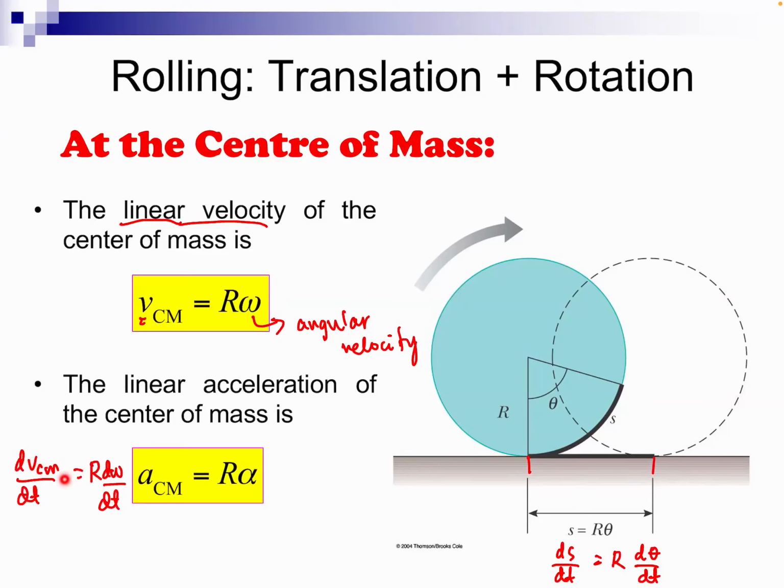We know from definition that change in velocity with respect to time is acceleration. And on the right-hand side, we're getting the change in angular velocity over time, which is the definition for angular acceleration. So the linear acceleration of the center of mass is also related to the angular acceleration of the object by this equation here.